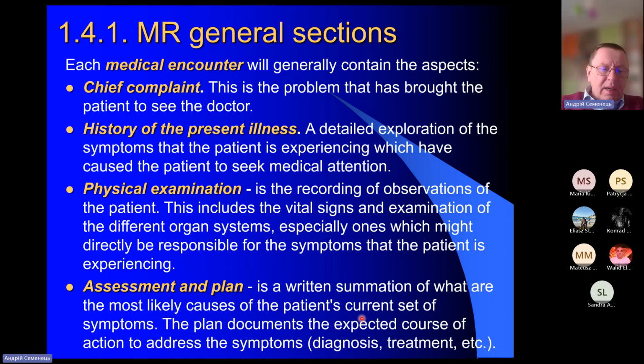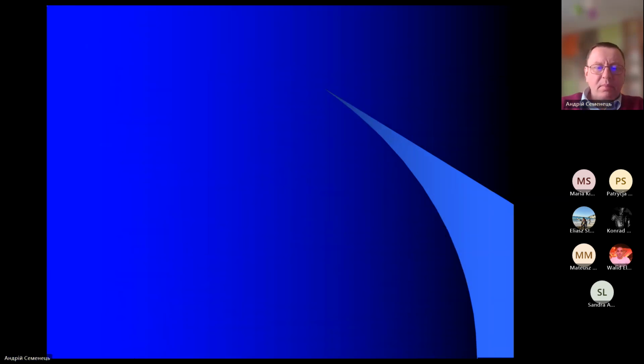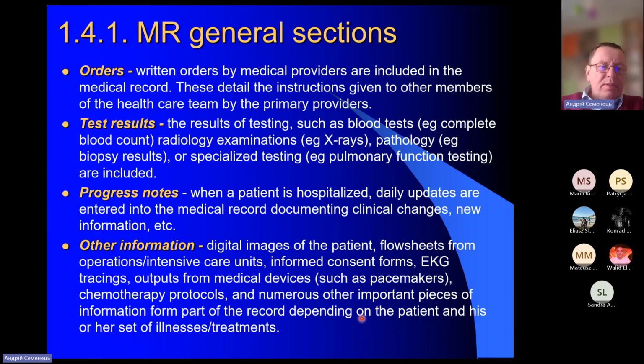Then, of course, current physical examination information, what the physician is observing right now from the patient, and the assessment and plan: an initial and further summation of what this case is caused by and what has to be done. Then different orders, test results, notes on progress, and any suitable information, and so on.